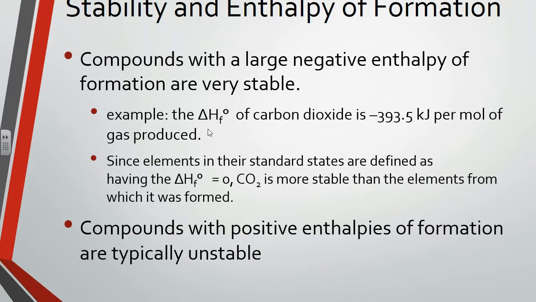And so if I looked in the book on page R66, I'd find that value, negative 393.5 kilojoules, for CO2, okay? If it has a positive enthalpy of formation, that means it just became a little bit less stable, okay? That was not a favorable reaction to take place in terms of stability.